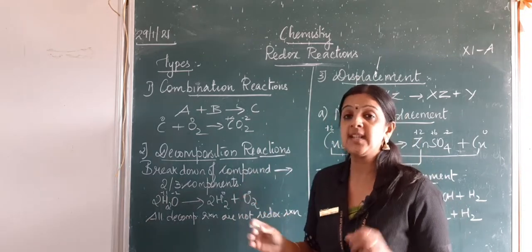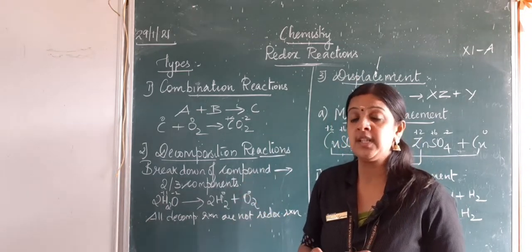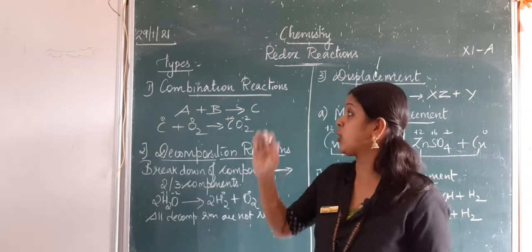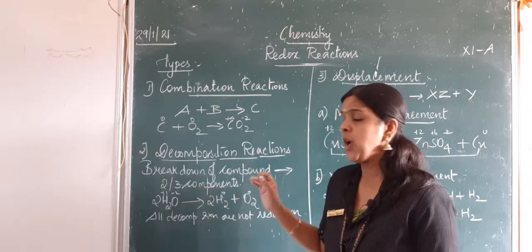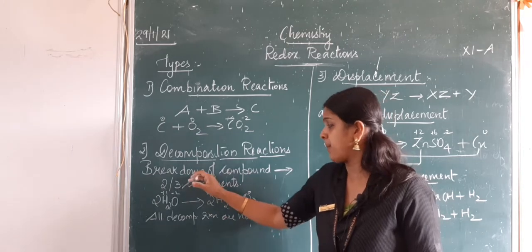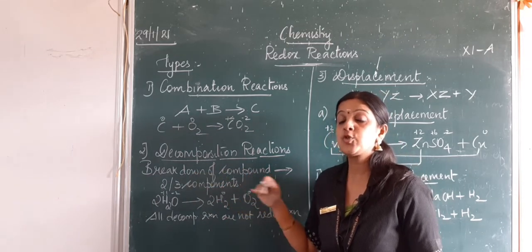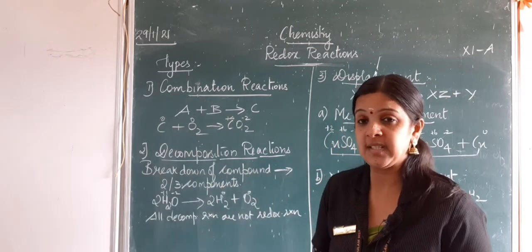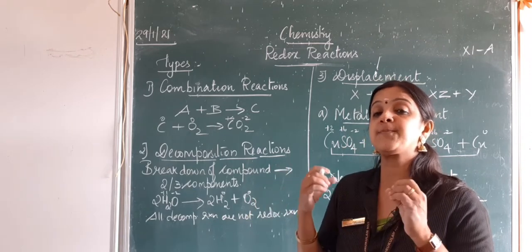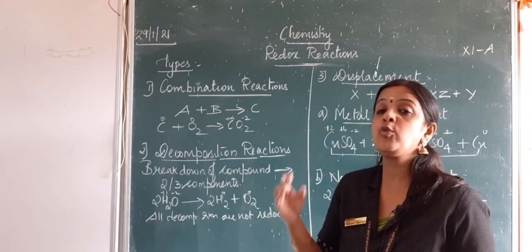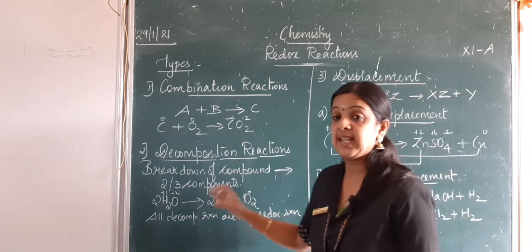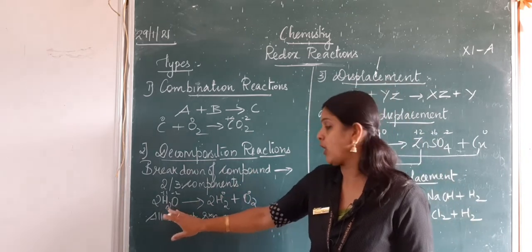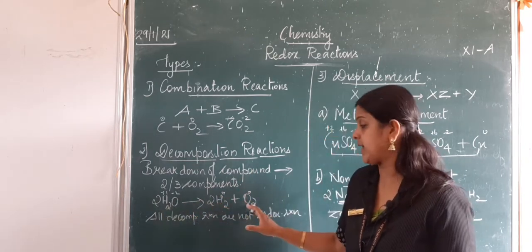The next one is the decomposition reaction, which is the opposite of the combination reaction. There is a breakdown of the compound into two or three components. The complex compound splits into two or three components. Let's take water. Water splits into hydrogen and oxygen.